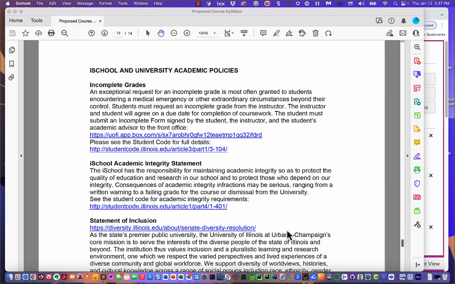Now, last but not least is high school and university academic policies. This is kind of a challenging section because on one hand, these are all very important things, and I want to emphasize how important they are. On the other hand, this is what we call in the contracts world boilerplate.